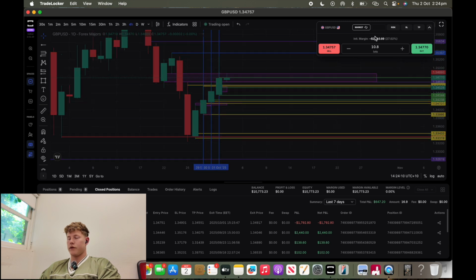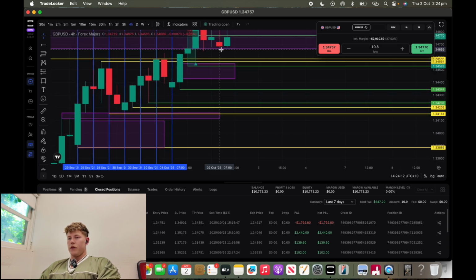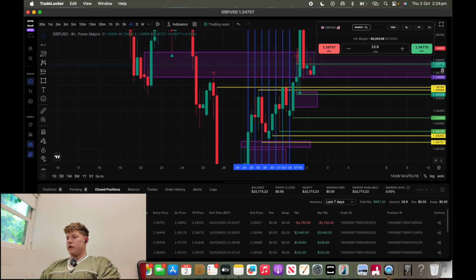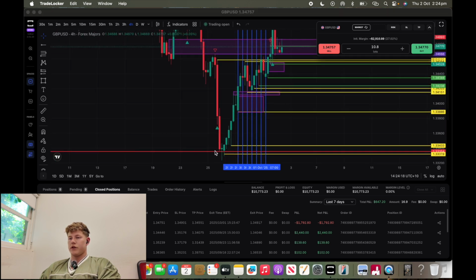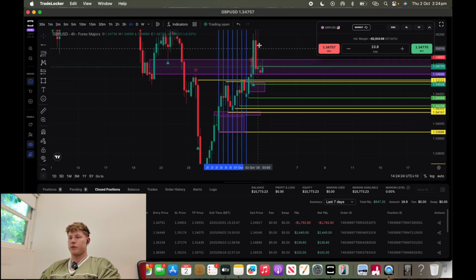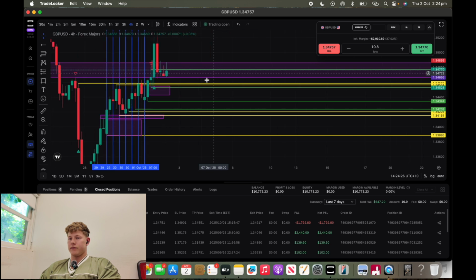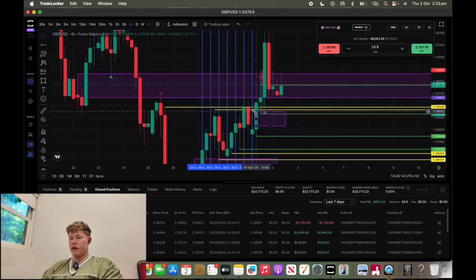I will scale into the 4 hour. Right, so as you can see here, you can see the change in direction. It hit that liquidity sweep. It's come up, broken structure on the 4 hour. It's starting an uptrend. Now, the only thing I saw here was that it had already taken out this high liquidity here, right, this high.